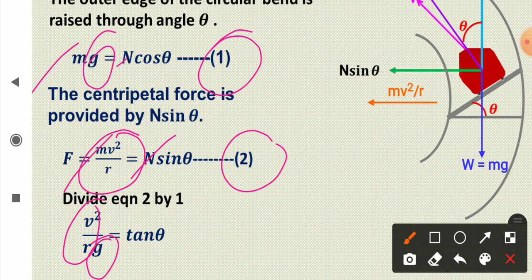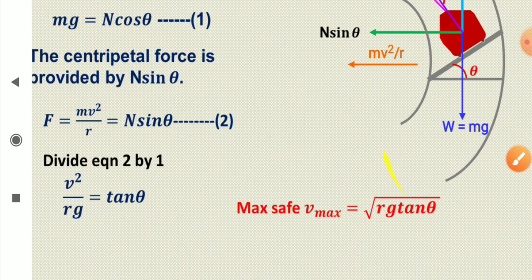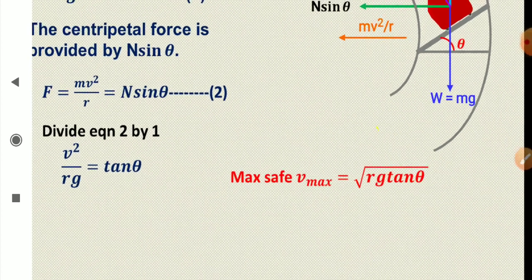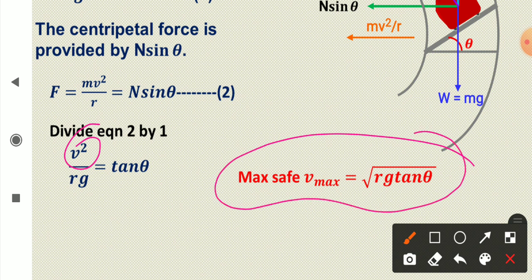This n will be cancelled out on the right side, and sin theta upon cos theta will give you tan theta. So in this way, from this equation, just change the sides, and you get the maximum safe velocity here as under root rg tan theta.